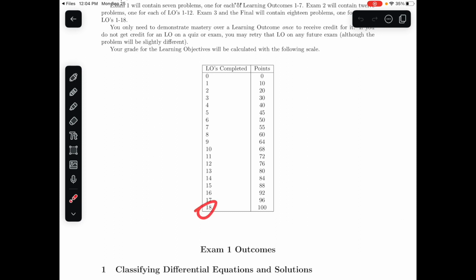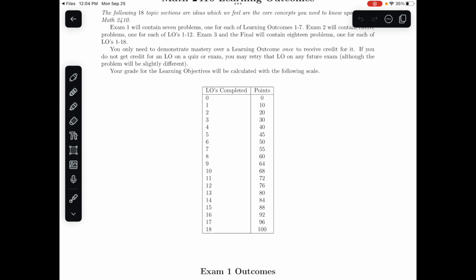There are 18 learning outcomes in the course, and there are 3 exams and a final.